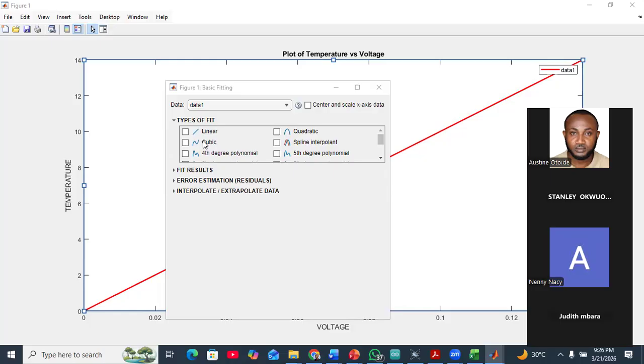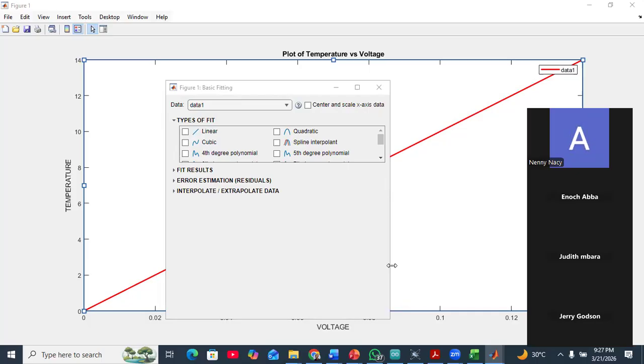Okay. Yes, sir. I hope it's not only one person that is responding. I want to believe that others have not gone to sleep. Stanley, are you active? Active, sir. It's a linear graph, sir. Yes, we know it's a linear graph. I want to confirm the availability of every other participant. Judith, are you here? Jerry, are you here? Yes, sir, I'm here. Okay.